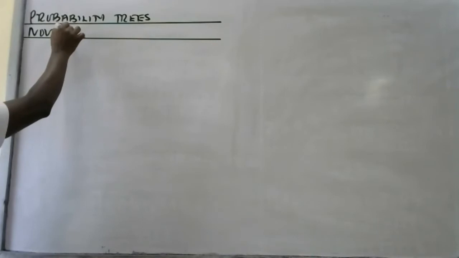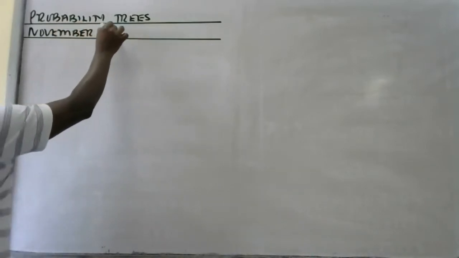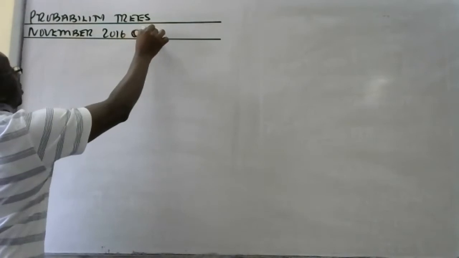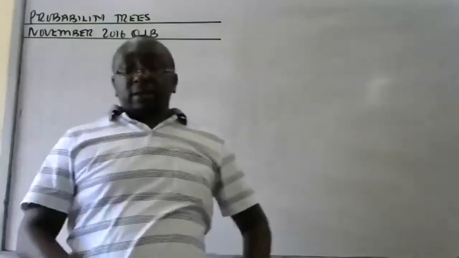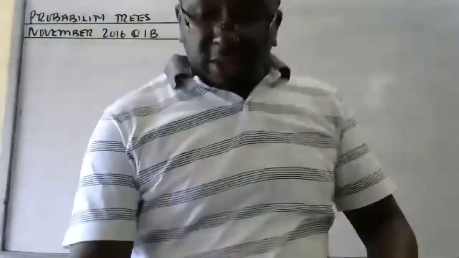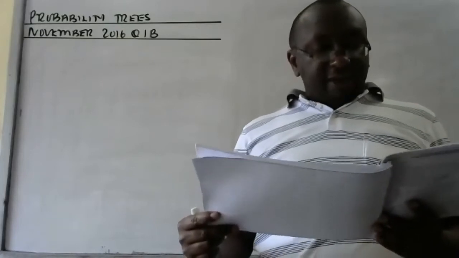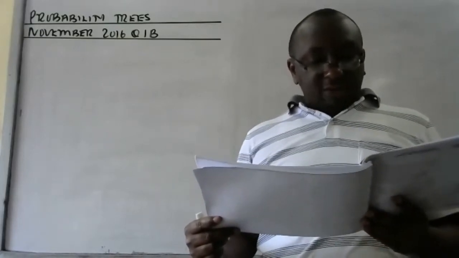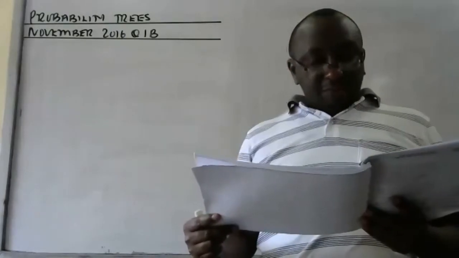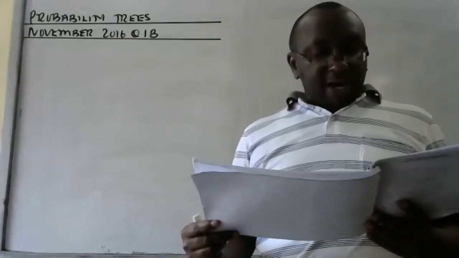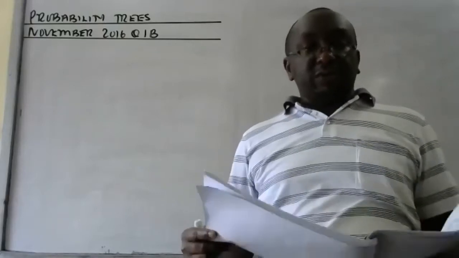November 2016, question 1B. So the question says, the following information relates to product X, which is susceptible to 3 types of defects, A, B, and C. The probability of product X containing defect C depends on whether the product contains any other defects, A or B. The probabilities of the product containing the defects are as follows.